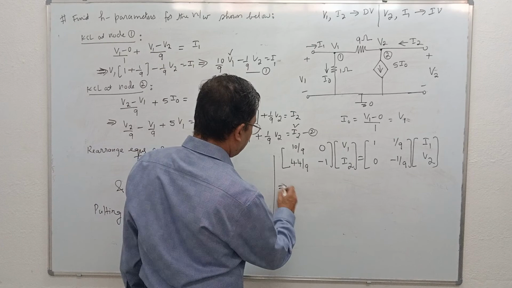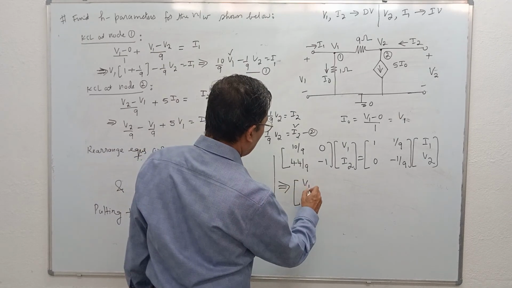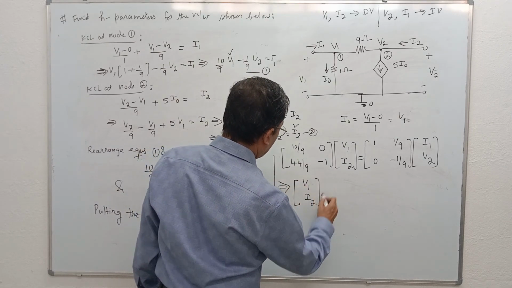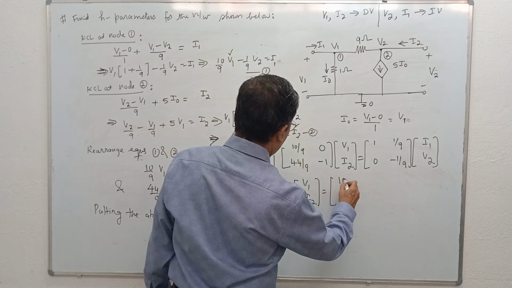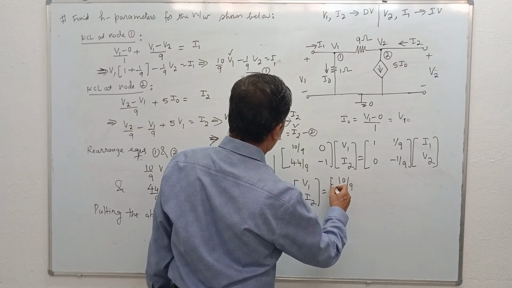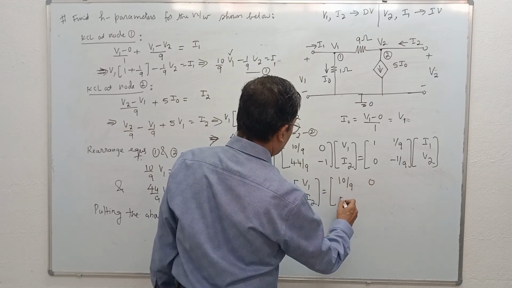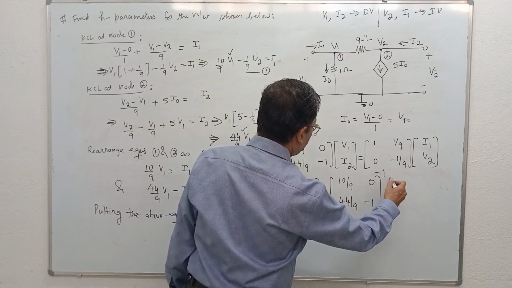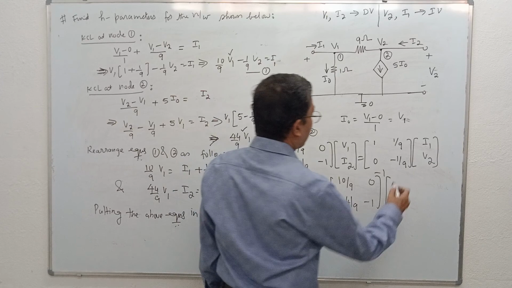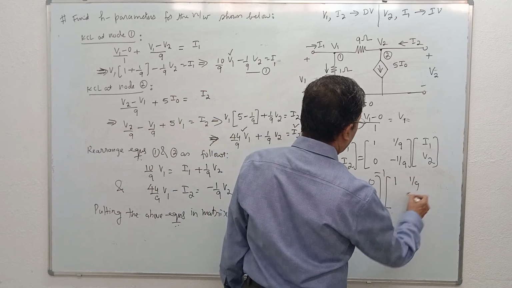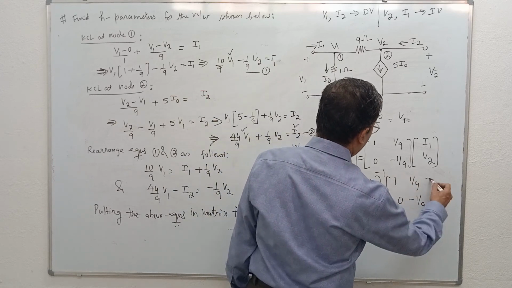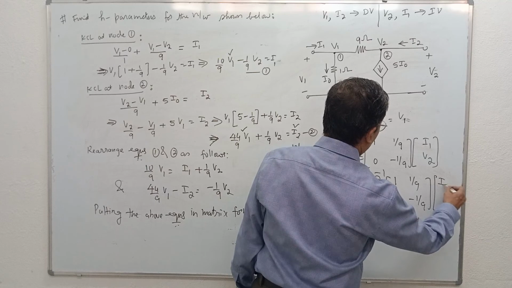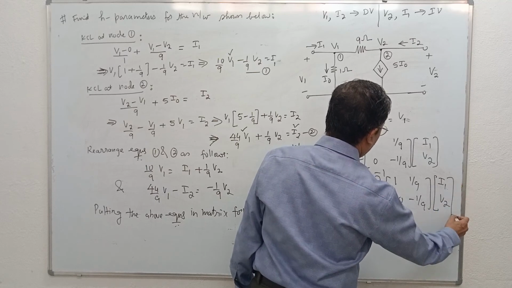This implies column matrix V1 I2 is equal to inverse of the matrix having elements 10 by 9, 0, 44 by 9, minus 1, multiplied by 1, 1 by 9, 0, minus 1 by 9, multiplied by column matrix I1 V2.